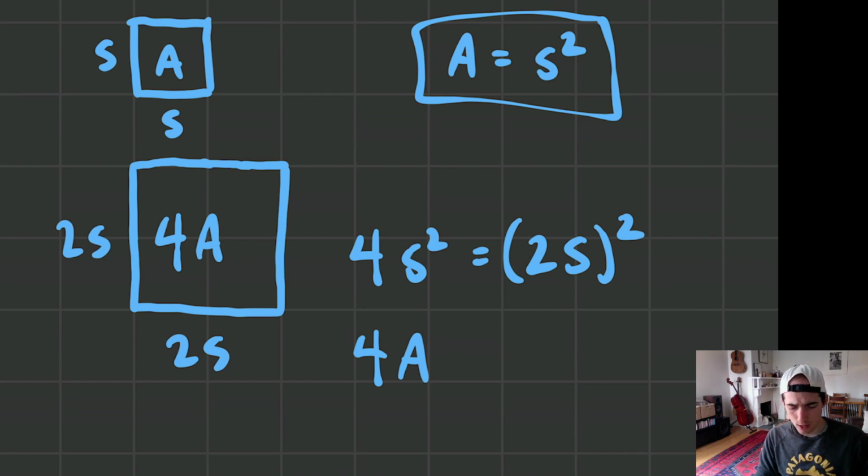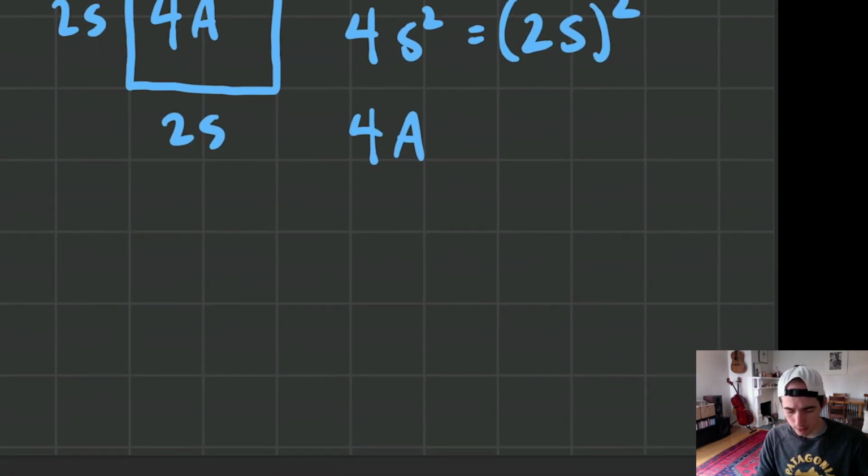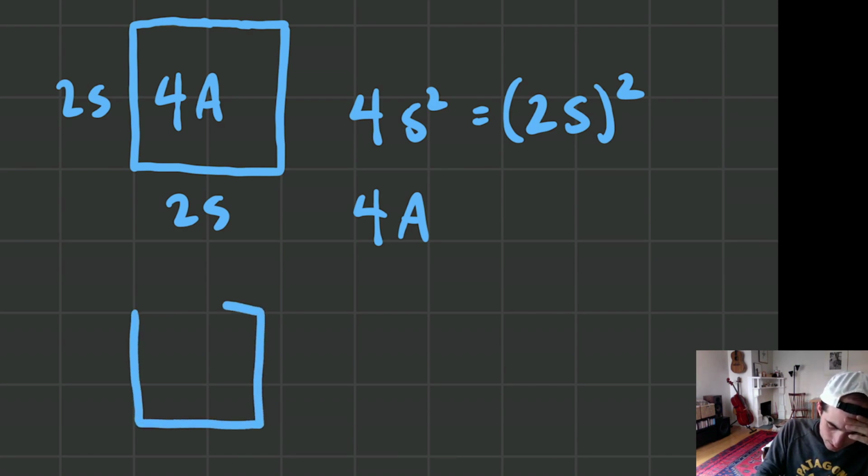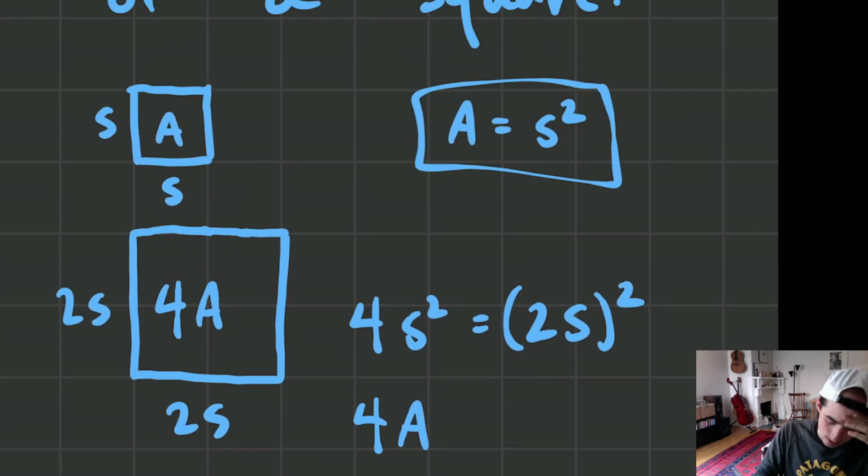So that raises the question, how do you just double the area? What does that look like? It turns out it's not straightforward. So let's say I want something that has twice the area of this first one here. How do I double this area?